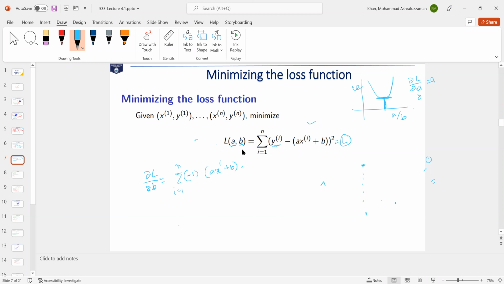Also, the square is over the whole function, so it should be y i minus a x i plus b squared, and then for this part, basically minus b, so it will be minus 1 equals 0.